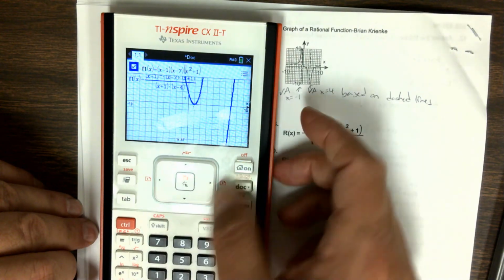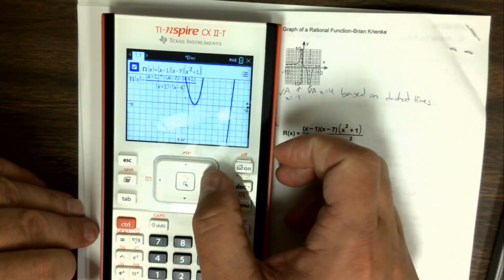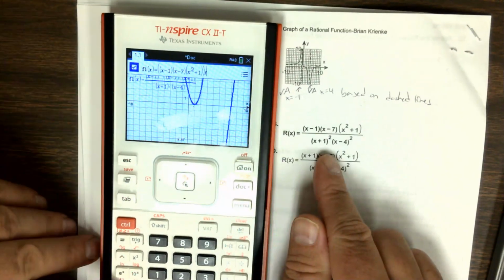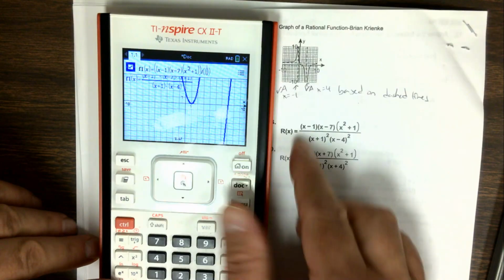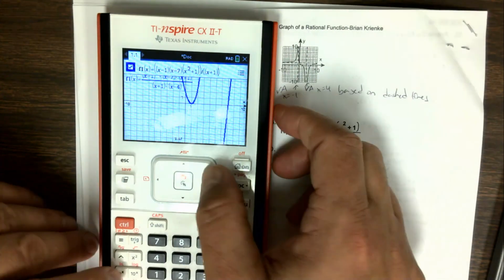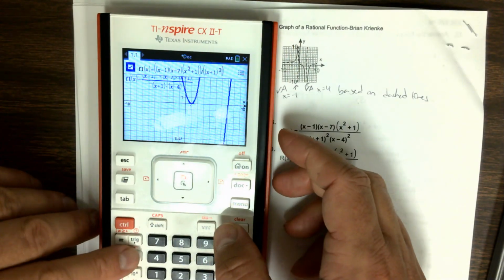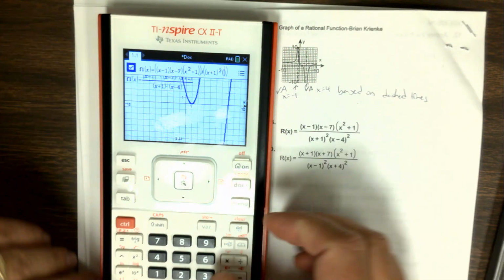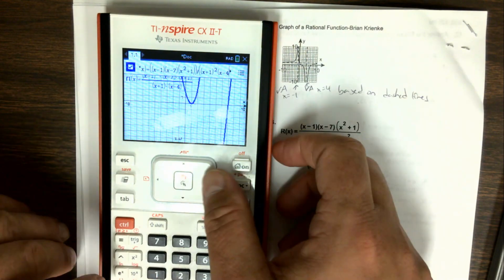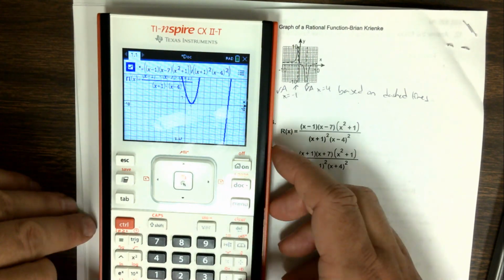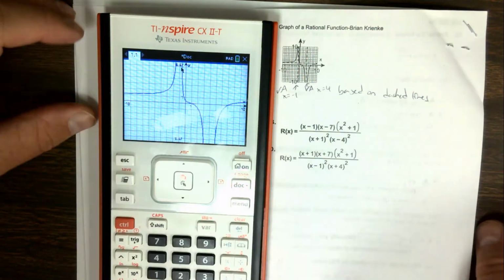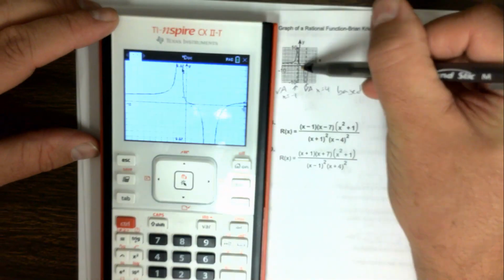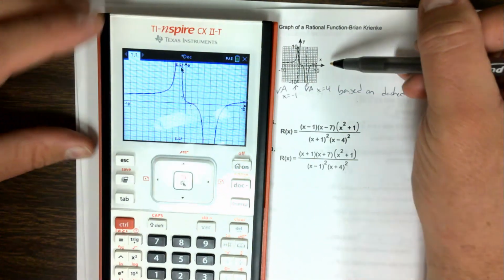Okay, so all of that divided by parentheses x plus 1 squared times x minus 4 squared. Okay, so then there's the graph, and sure enough, it goes up, it goes down here, and then it goes to the side. So that's the correct choice.